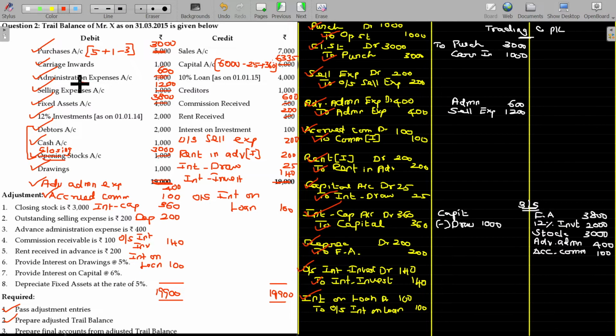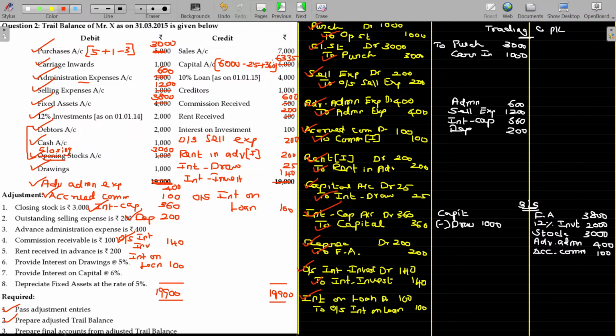And interest on capital, where will it come? Interest on capital is an expense, debit to the P&L account. It's the company's responsibility to pay the interest to the owner. Depreciation is also an expense, should be debited to the P&L account. The value being 200.